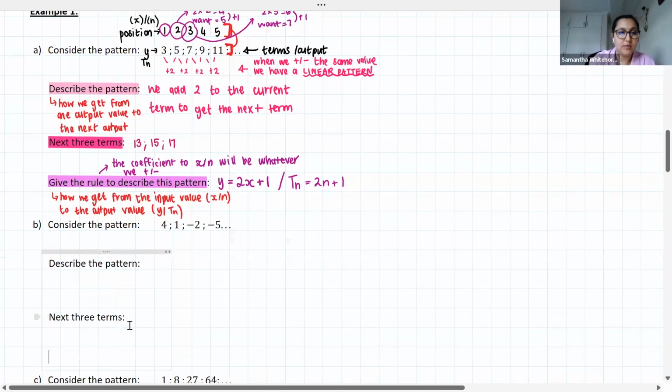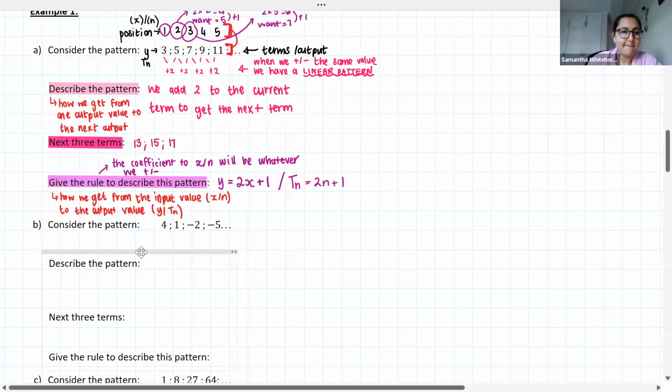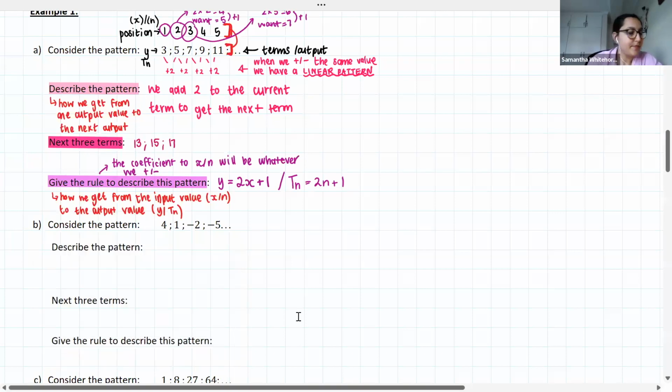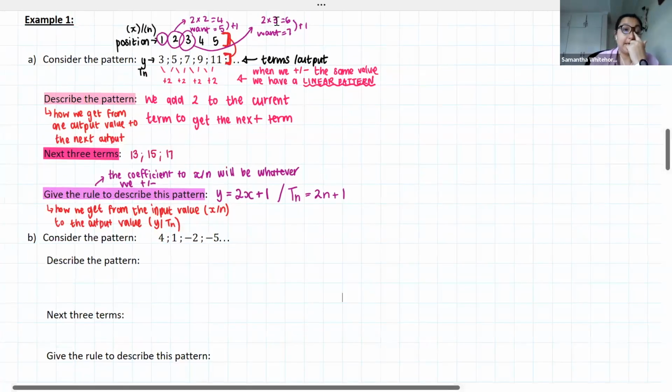So next 3 terms, and then give a rule. So here is your pattern.